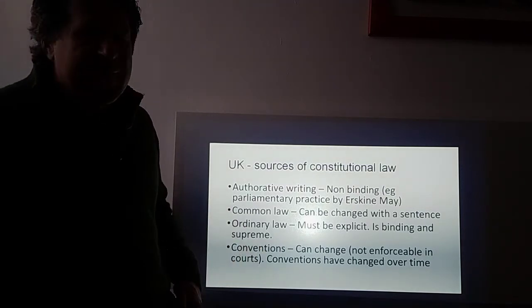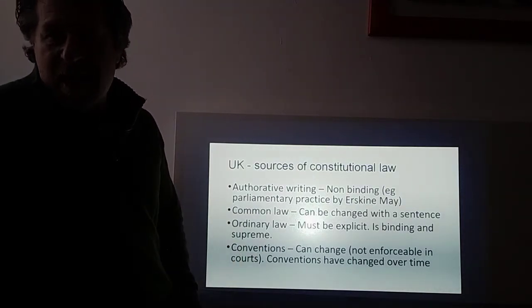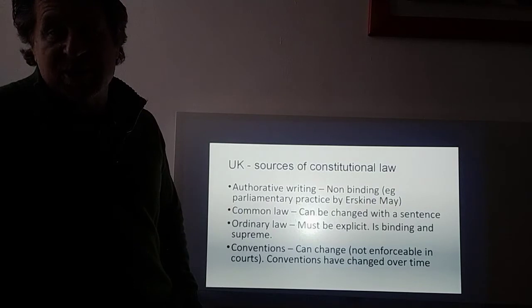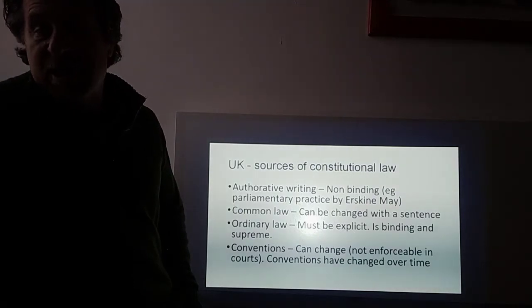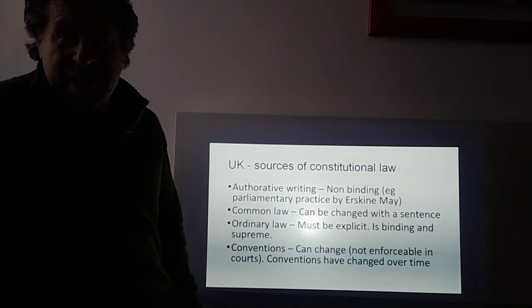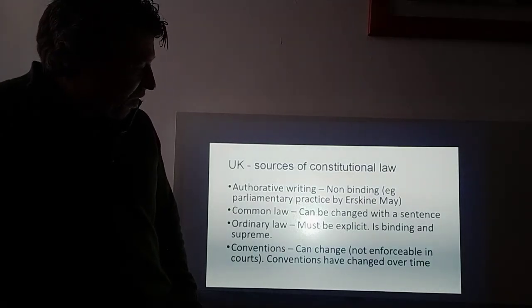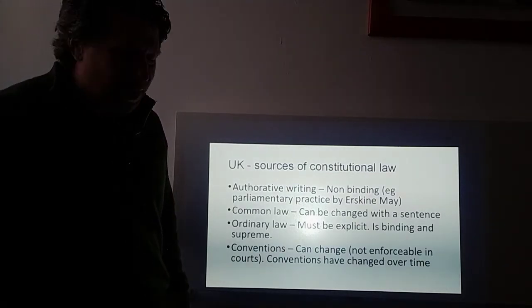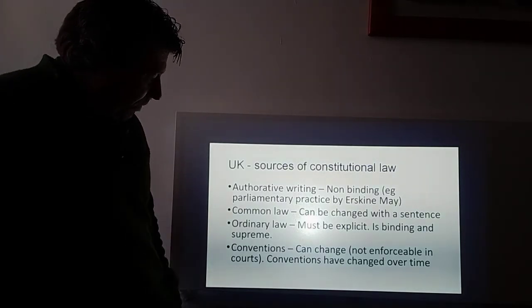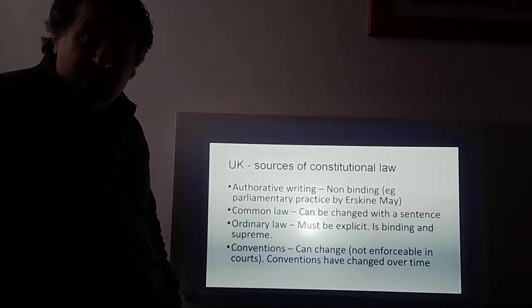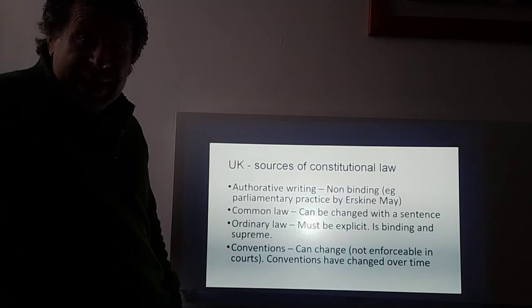And these conventions, again, are not recognised as laws, so they're not recognised in the courts as being a law and having consequences, punishment for not respecting them. They can change, they have changed over many years.